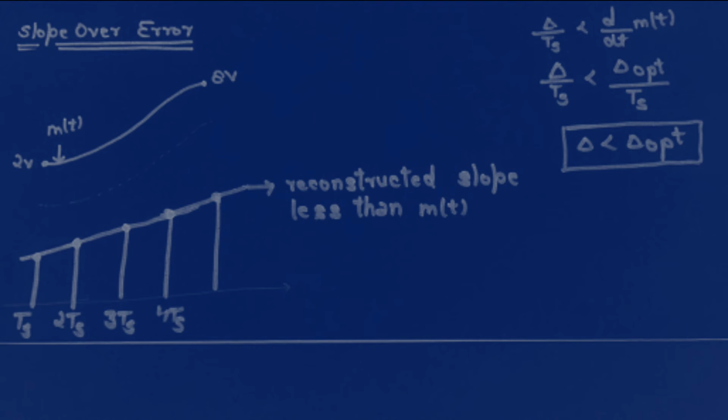For the proper reconstruction, the del value is del optimum and it should match the transmit signal. So we can write d by dt of m(t) as del optimum by Ts. So for the slope overload error, the del value is less than del optimum.